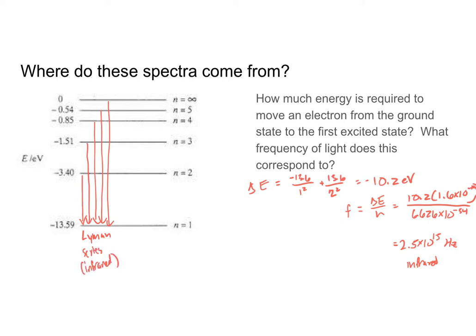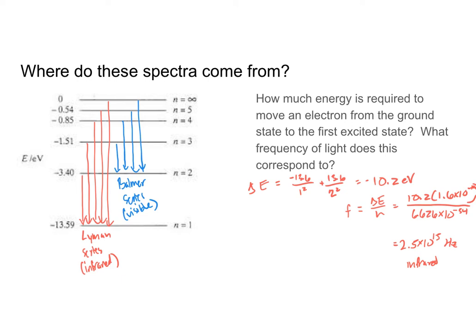So the hydrogen emission and absorption spectra that we actually see are going to be those jumps to the second energy level, which is known as the Balmer series. And if you were to do those calculations, you would see that they are all within the visible spectrum. So that's how you get those lovely 4 lines on our emission spectrum.